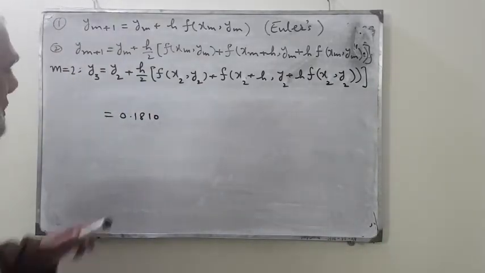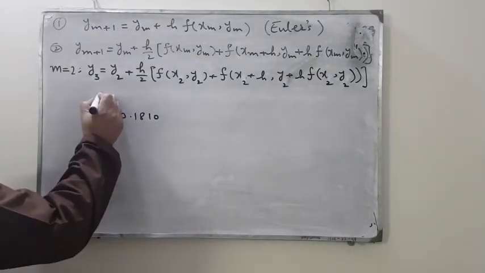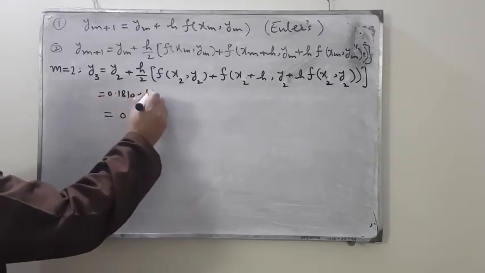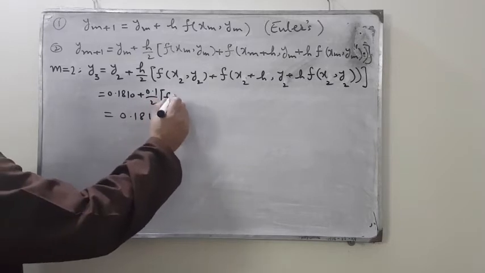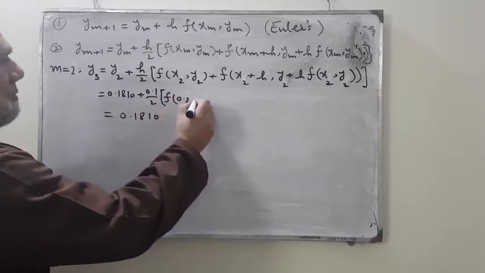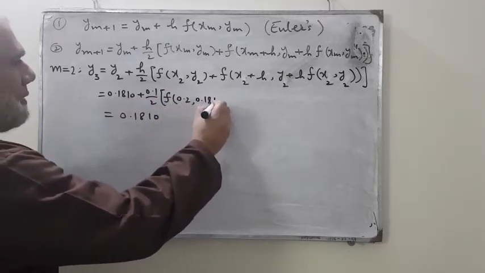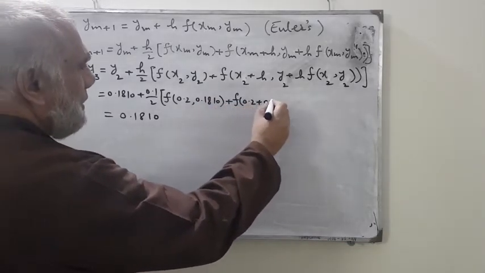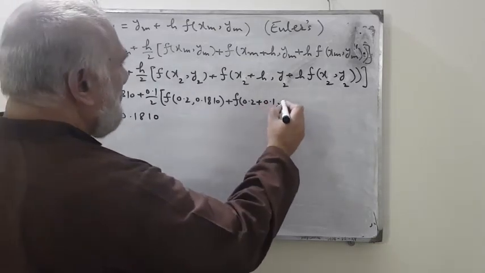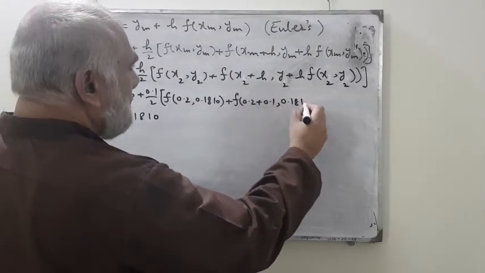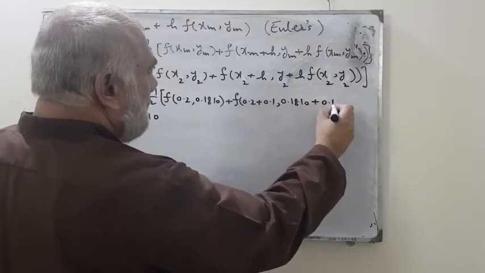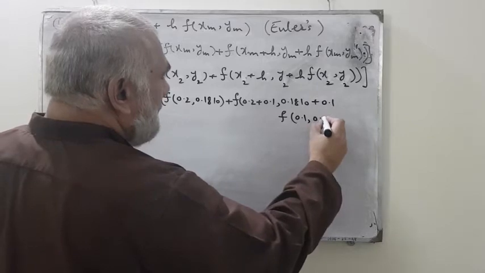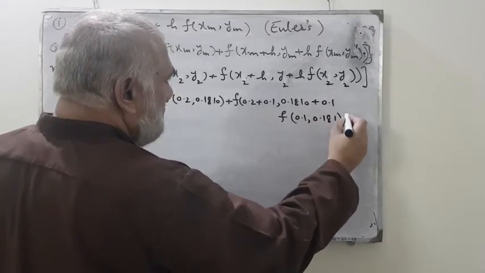On putting the values, this is your y2, so this becomes 0.1810, 0.1 by 2, x2 is 0.2, 0.1810 plus f of x2 0.2, 0.1, y2 is 0.1810 plus 0.1 and function fx is 0.1 and 0.181.